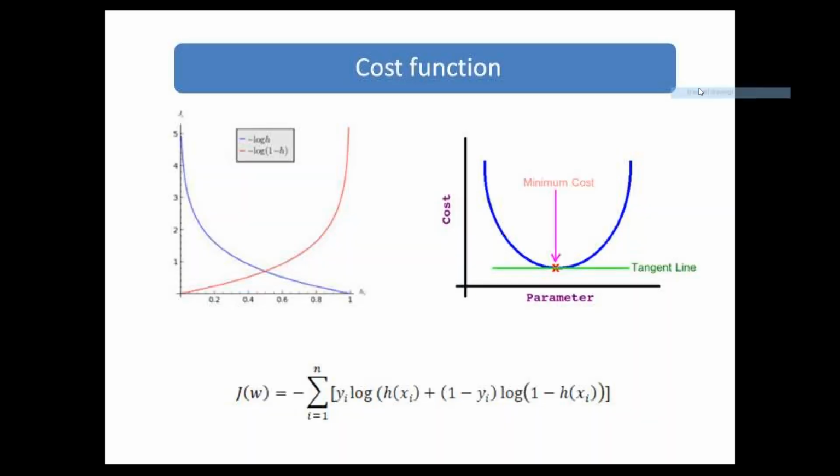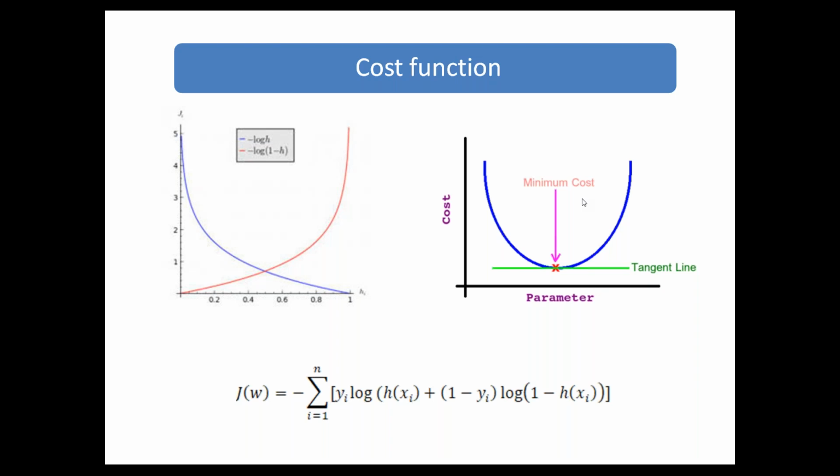But in this case the hypothesis function is a nonlinear one, so you cannot use the linear techniques, you cannot use the ordinary least squares here, because if you differentiate and equate it to zero, you will not get a linear equation. In linear regression, when you are differentiating the cost function with respect to w, you are getting a nice linear equation.